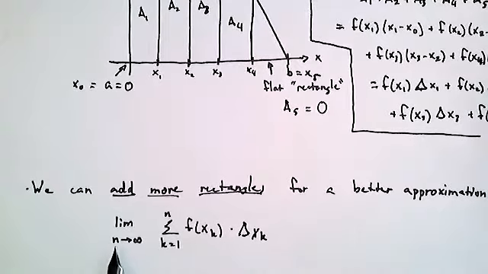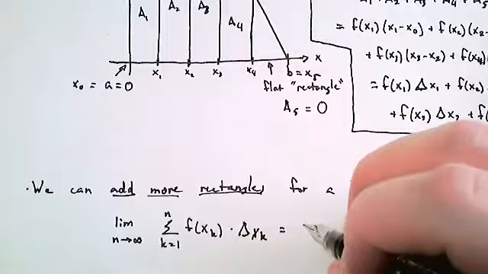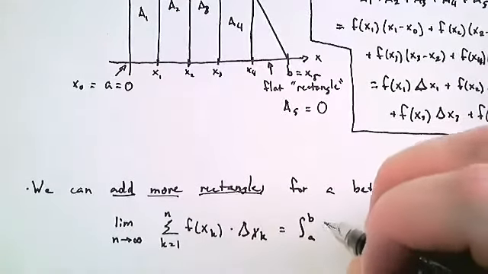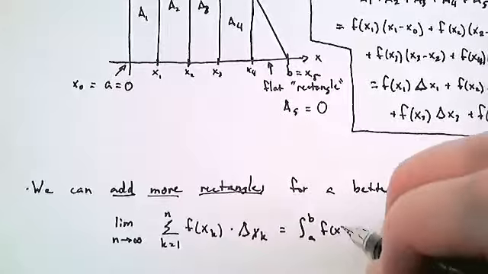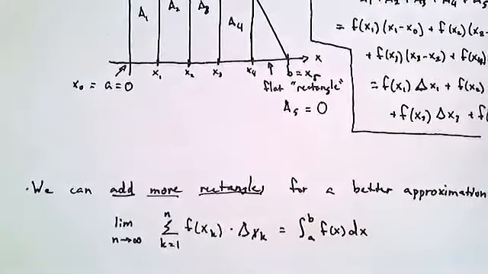And I'm going to take that number to infinity, and what we get is the integral of our function. Okay, so that's where I want to stop with our review.